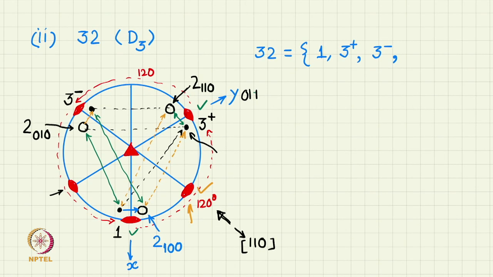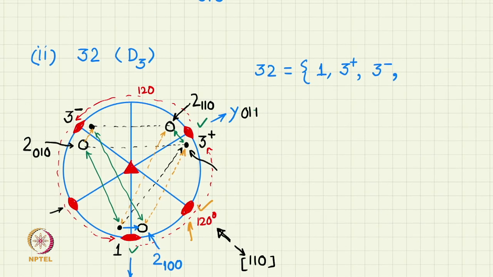So, now I have three further operations, which are just the two-fold rotations about the x axis, the y axis, and the axis between x and y, which I can call 2 1 1 0. So, there are 6 operations. The order of the group is 6.